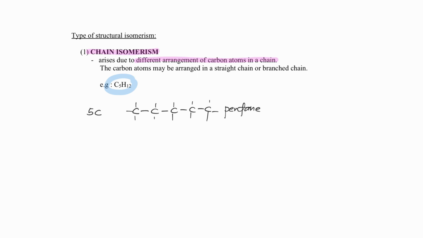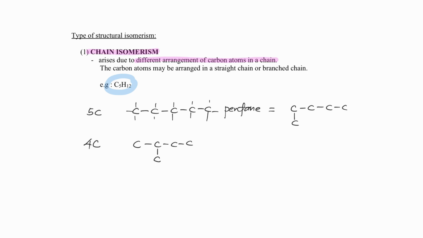Next, we could arrange the 5 carbons in a way that has 4 carbons in the longest carbon chain. We could arrange it in this way, and the 5th carbon, we put it at the 2nd carbon. We couldn't put the 5th carbon at the 1st carbon or the last carbon, because if we put it at the 1st carbon, it will be the same as what we have for pentane.